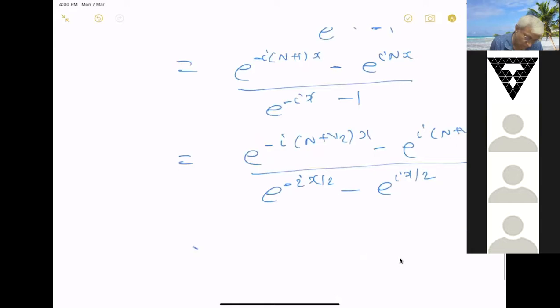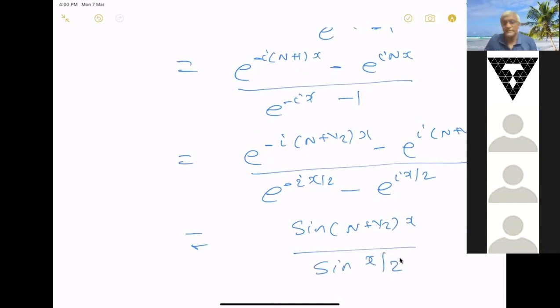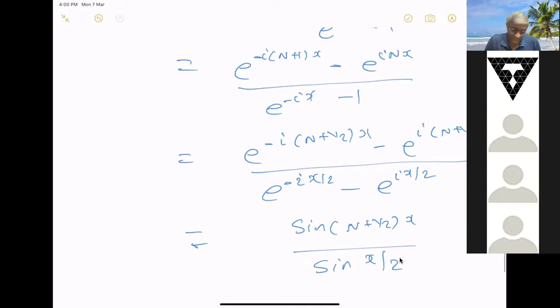Now this is just two complex numbers which are conjugate to each other, okay? So this is sine of n plus half x divided by sine x by 2, okay? This is fine. Is this fine?